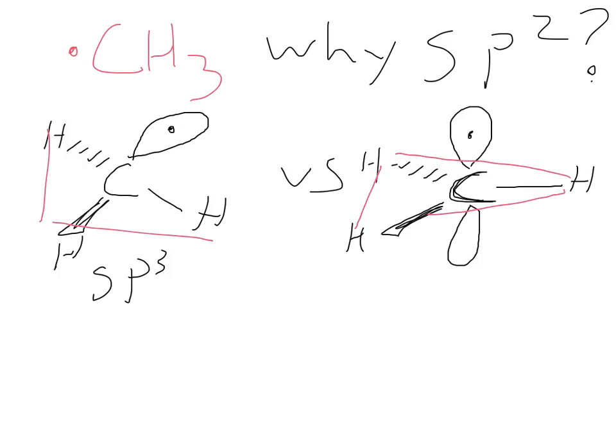You can draw the same thing. But this is flat, this is not. Maybe I'm not the best artist, but this is supposed to be flat. Okay, so why sp2? So the easy way to think of this is you have this pi orbital, right? In this case, we have a pi orbital. Here we have an sp3 orbital.